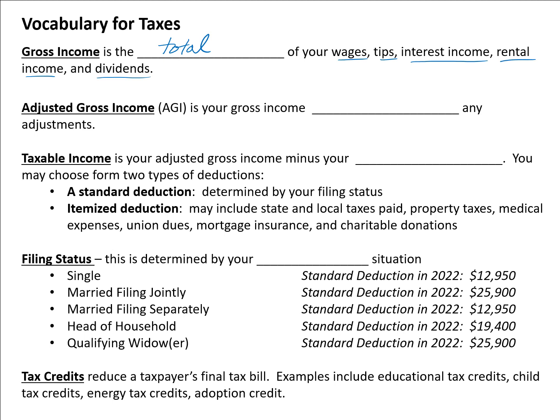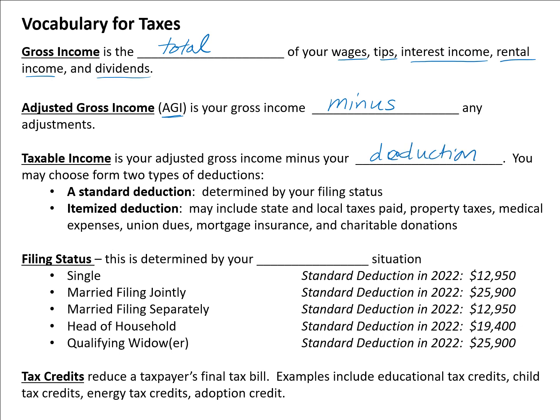Now we adjust that, and we call that the adjusted gross income. AGI is your gross income minus any adjustments that the federal government allows. Those adjustments could be from contributions to tax-deferred retirement accounts. That's probably the most common. Then we have our taxable income, which is our adjusted gross income minus your deductions for the year.